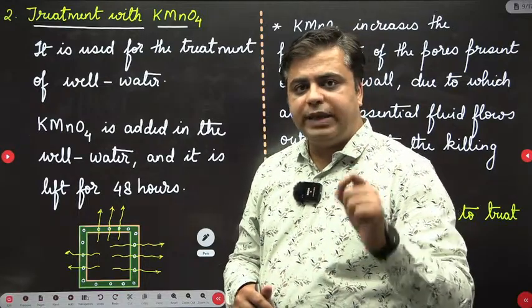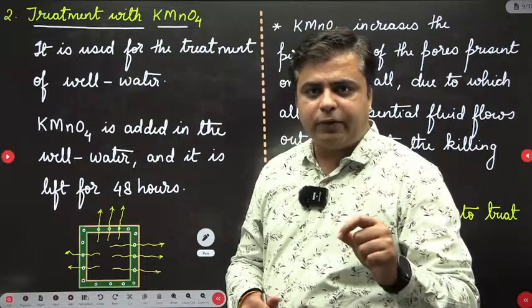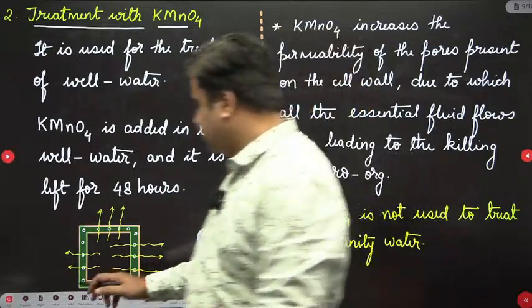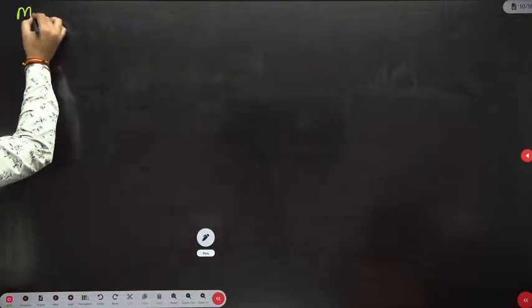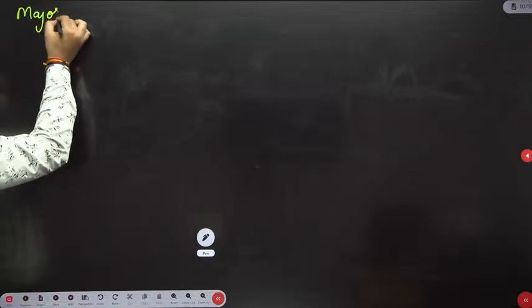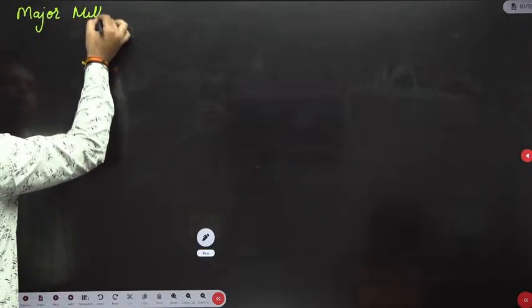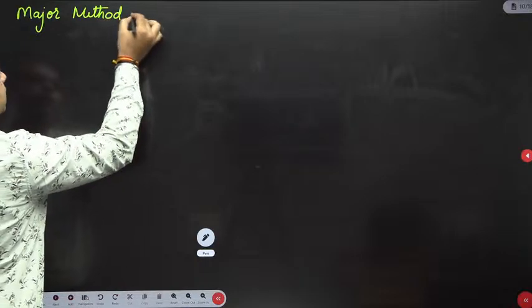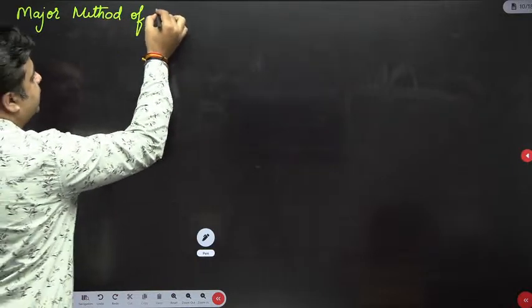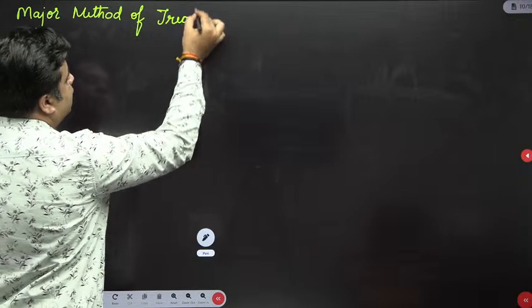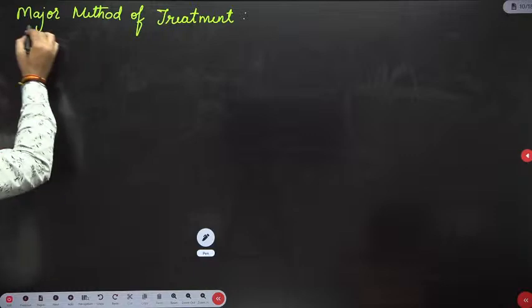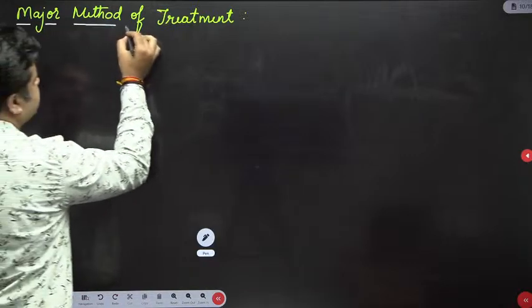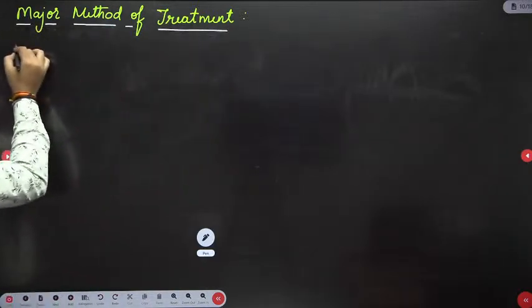Now coming to the major method of treatment that we actually perform in our water treatment plant. The major method of treatment that we use in our treatment plant to carry out the disinfection is treatment with chlorine.